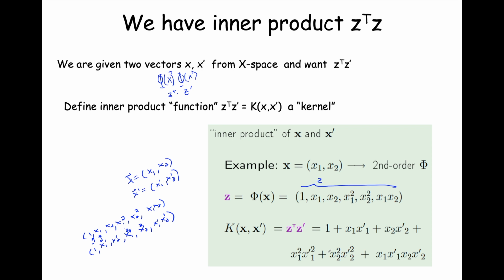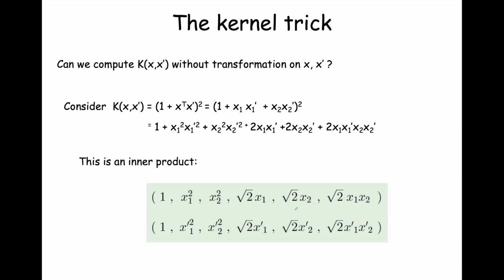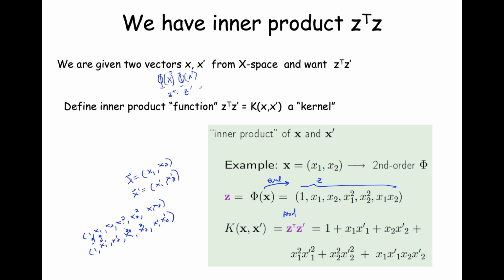Now here, we've gone through the step of first doing the conversion to Z space, that phi function evaluation, and then doing the inner product once we're in Z space. We can also compute that output K, because remember, this is just going to output a value. K is going to output some number, some scalar.